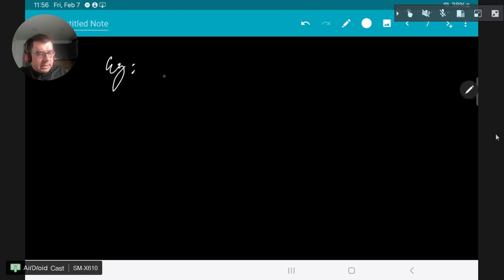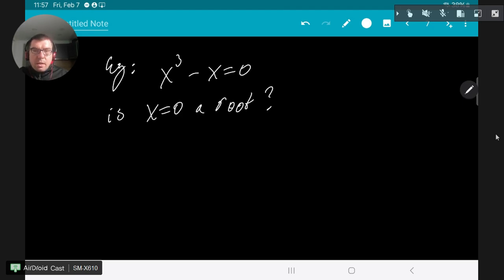So, for instance, x to the power of 3 minus x equals 0, okay? Is x equals 0 a root? Well, let's check it. 0 to the power of 3 minus 0 equals 0. Now 0 to the power of 3, from the previous lesson, you know, this is 0 times 0 times 0.